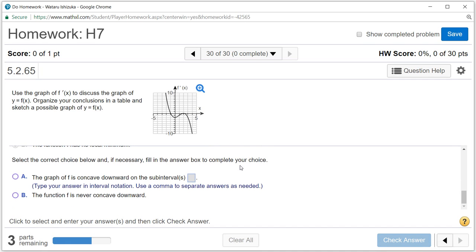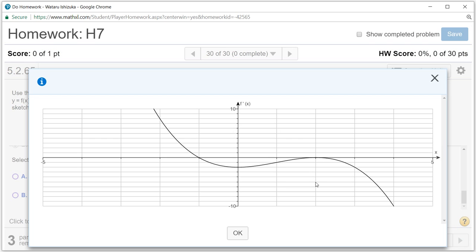And then the graph is concave downward on the subinterval. Concave downward means that the second derivative is negative. If the second derivative is negative, then the first derivative is decreasing. You can see that it's decreasing up to 0, then it's decreasing again starting from 2.